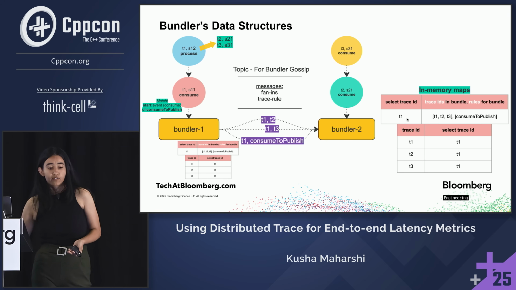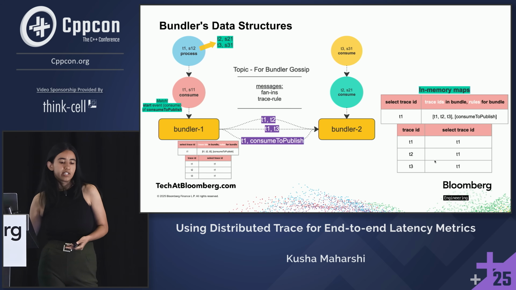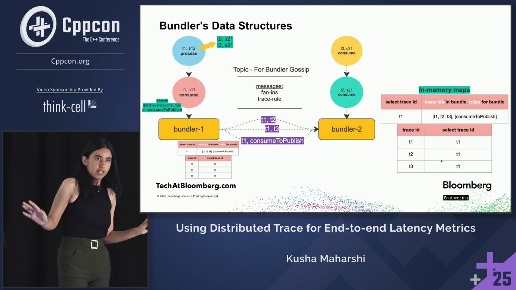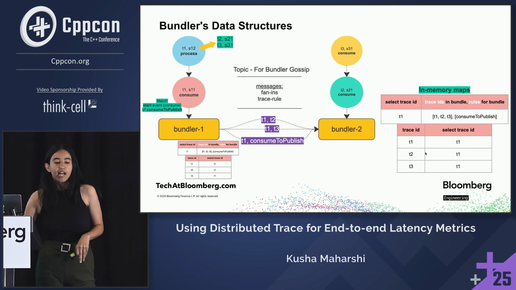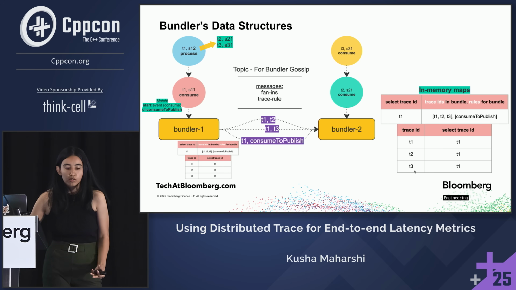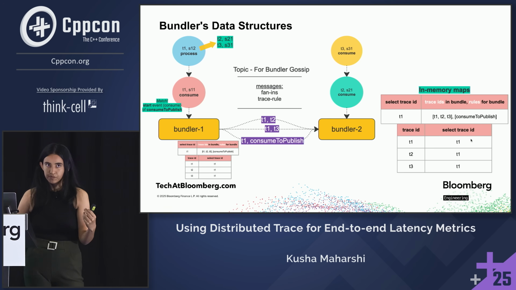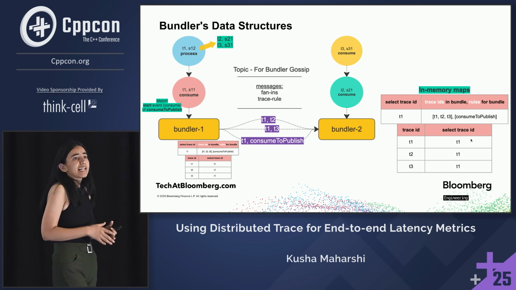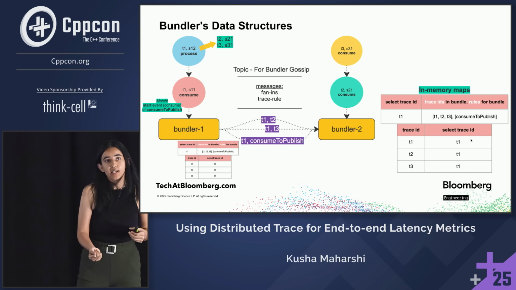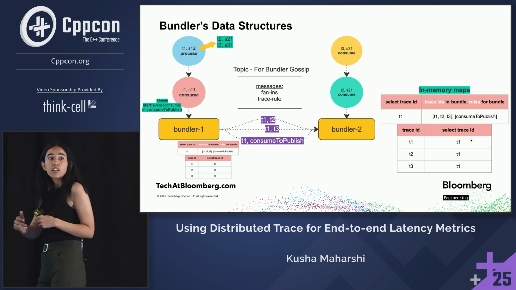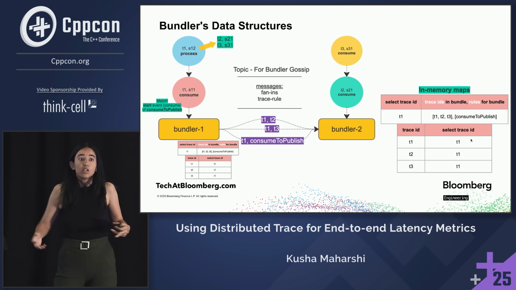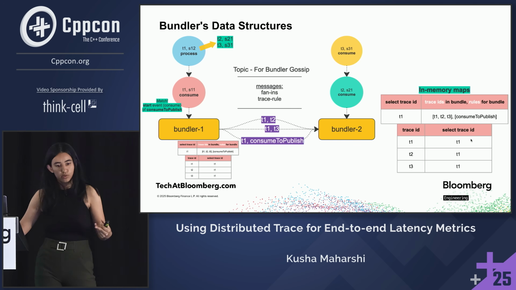Now, we have this other map that is essentially a reverse lookup map, where we go from every single trace ID that's in a bundle to the representative selected trace ID that we used. And we need these 2 maps so that anytime I have a trace coming in, I can easily look up what the other traces in that bundle are and what rules match that bundle.